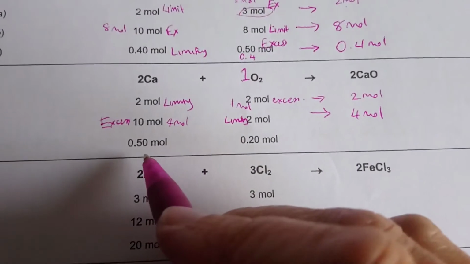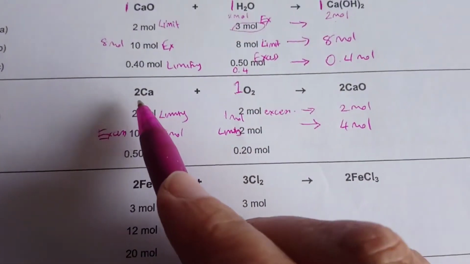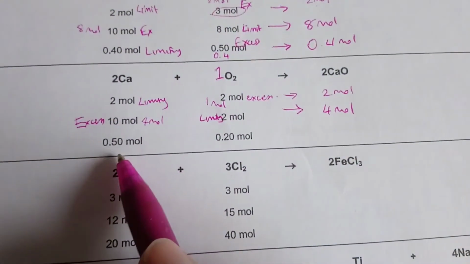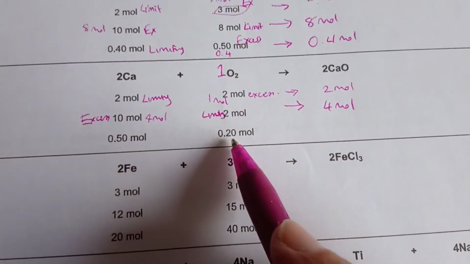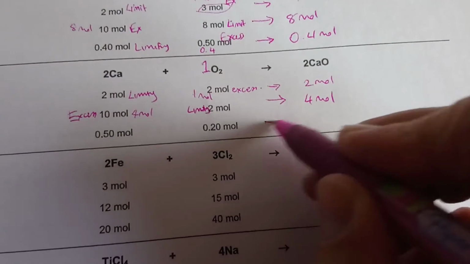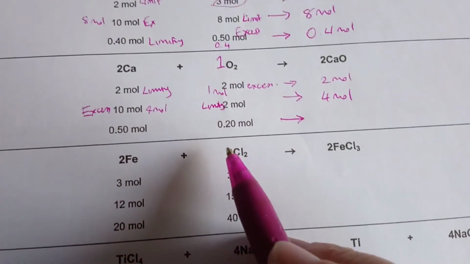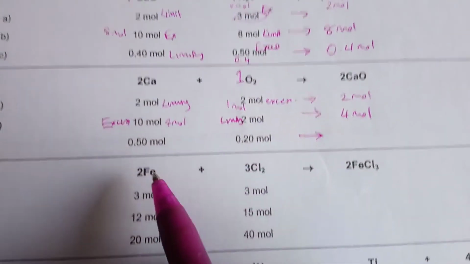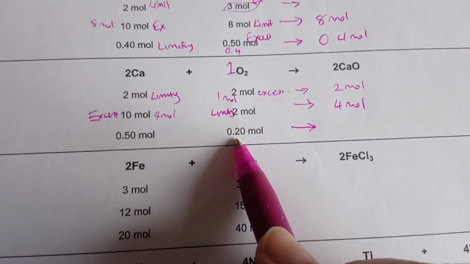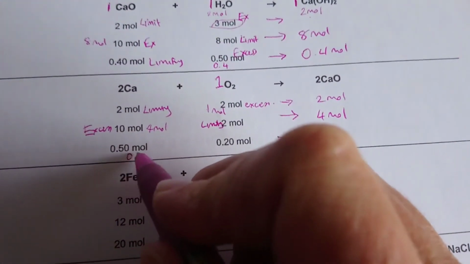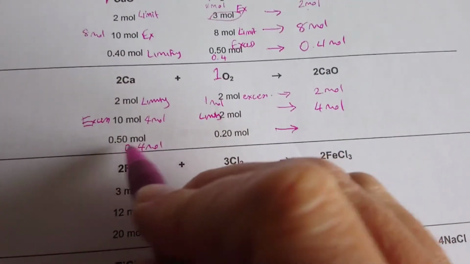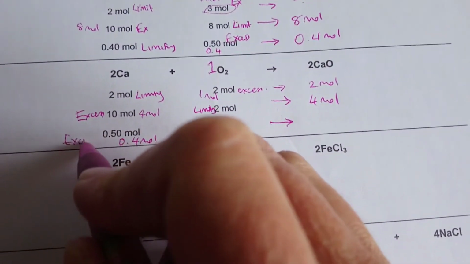Okay, so the last one on this one here. Remember my ratio is 2 to 1 to 2. So 0.5 moles and 0.2 moles in my beaker. How much am I going to make and what's in excess and what's limiting? All right, so if I've got 0.2 moles here, the ratio is 2 to 1, I need at least 0.4 moles here, and I've got more than that, so that one's in excess.